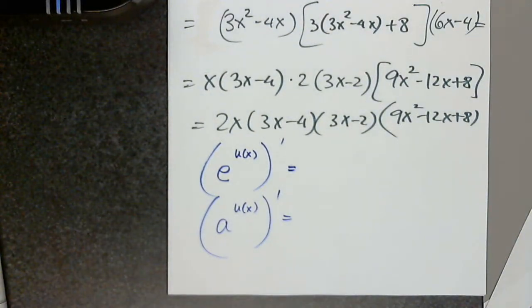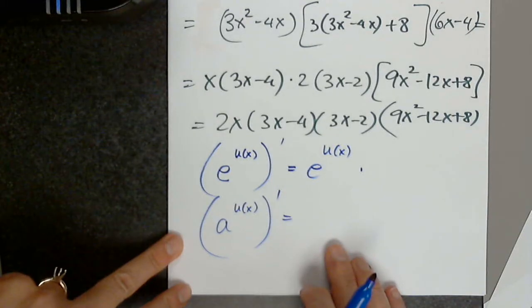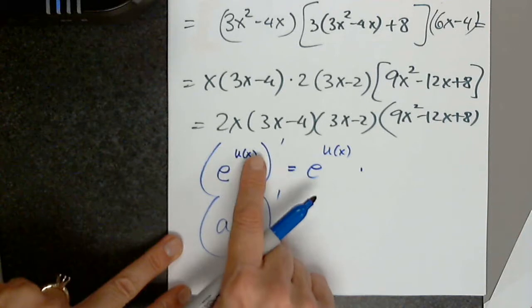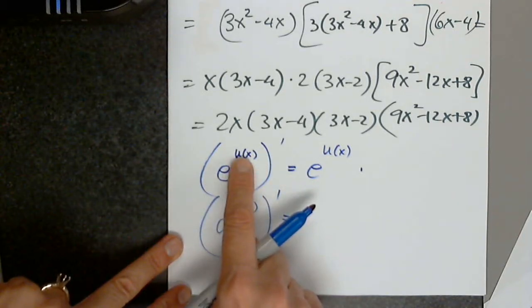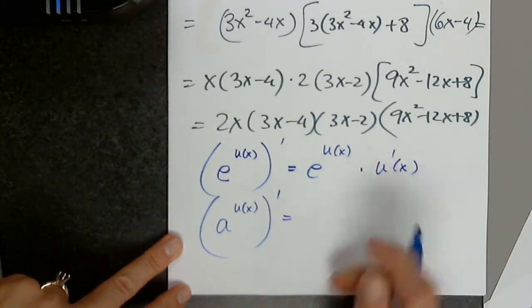To establish this before moving on. E to u, the inner function prime. When I try to evaluate this, I have to evaluate u first and then apply this. So this is the outer and this is the inner. So I'm going backwards. First the outer times the inner.